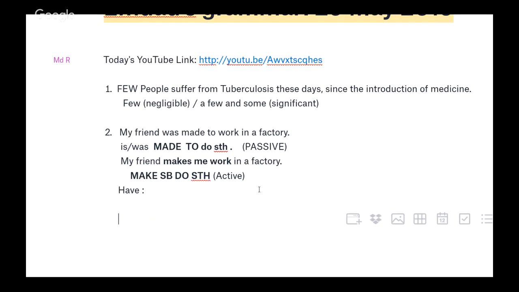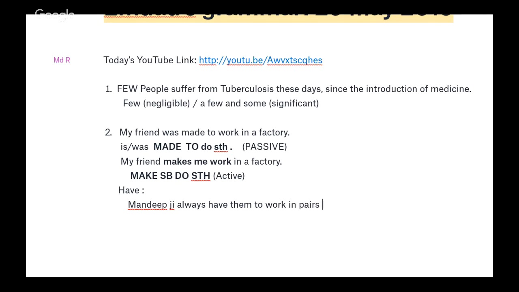Now how about this? If I write a sentence, tell me what you think about this particular sentence. Okay, tell me guys, what do you think about this sentence?